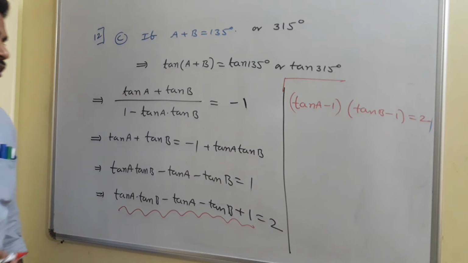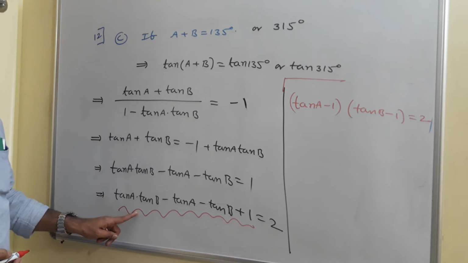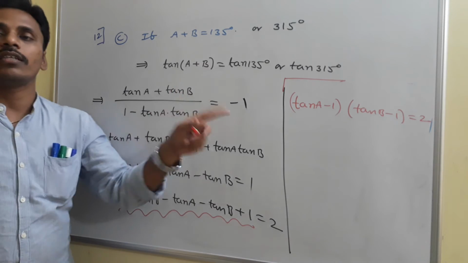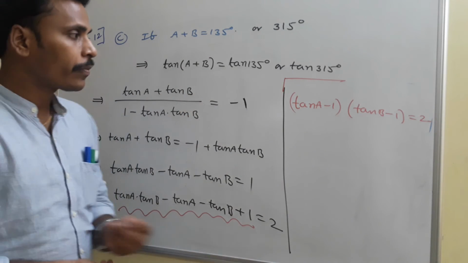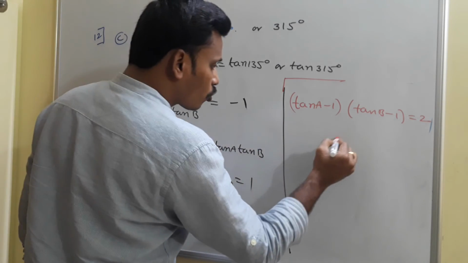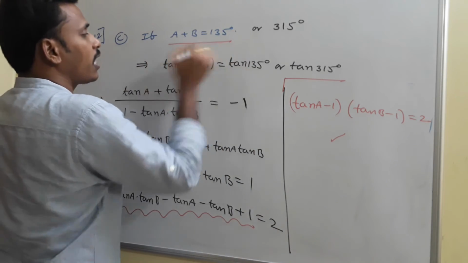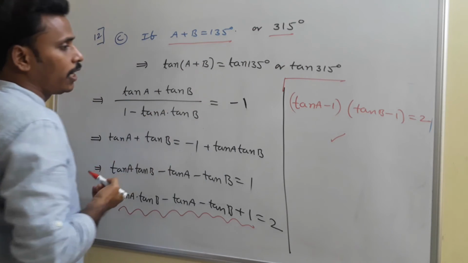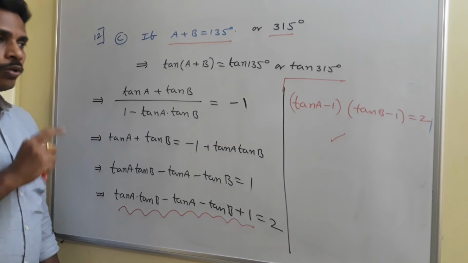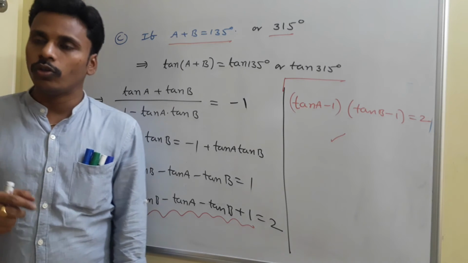Just have a look there. Is this right or wrong? Tan a into tan b minus tan a minus tan b plus 1 is equal to 2. So now this product is true whenever the sum of the angles is either 135 or 315 degrees. In both cases we have tan a minus 1 into tan b minus 1 is equal to 2.